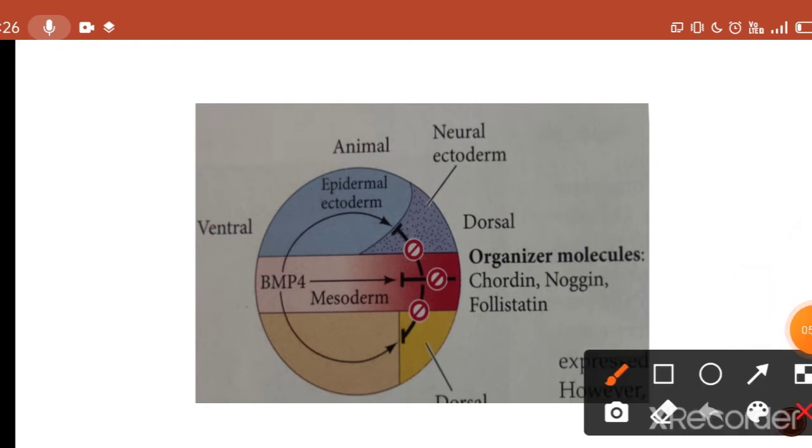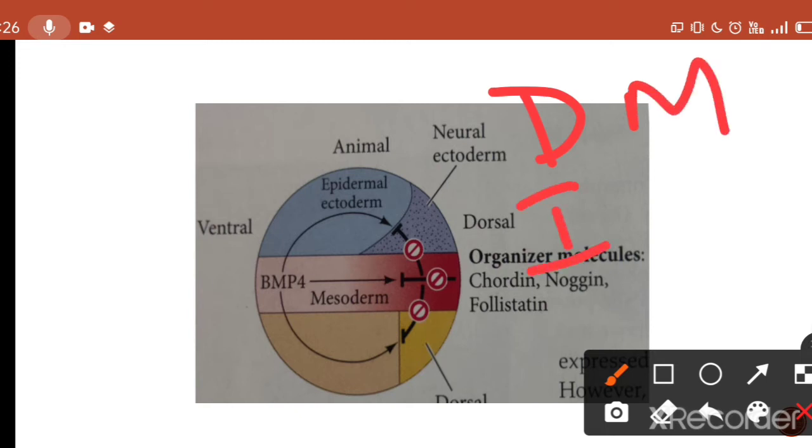In the absence of BMP, it specifies dorsal mesoderm. In the case of a low level of BMP, it specifies intermediate mesoderm. When a high level of BMP is present, it specifies ventral mesoderm.